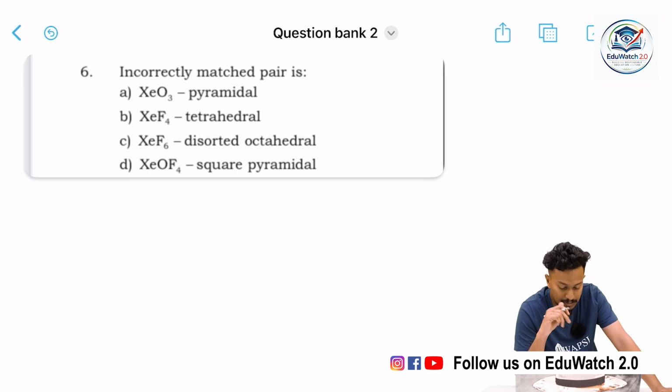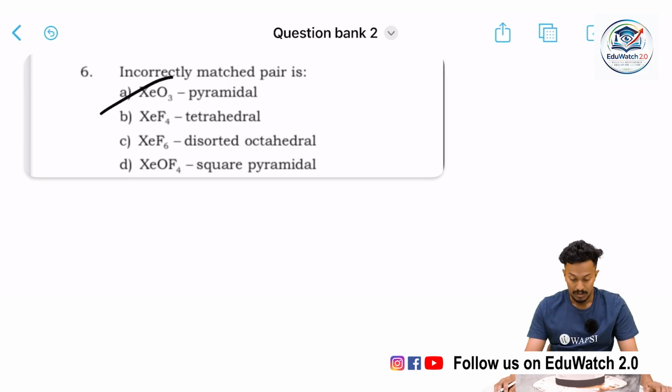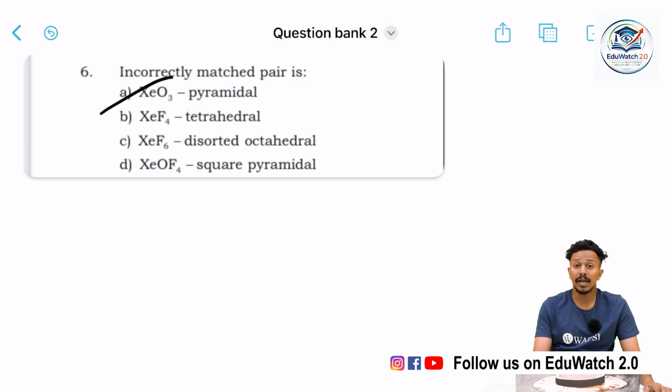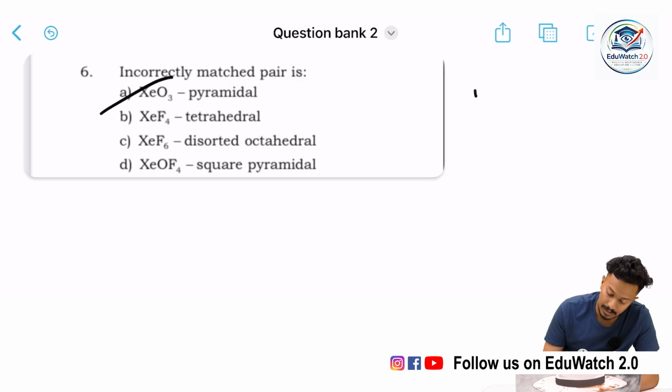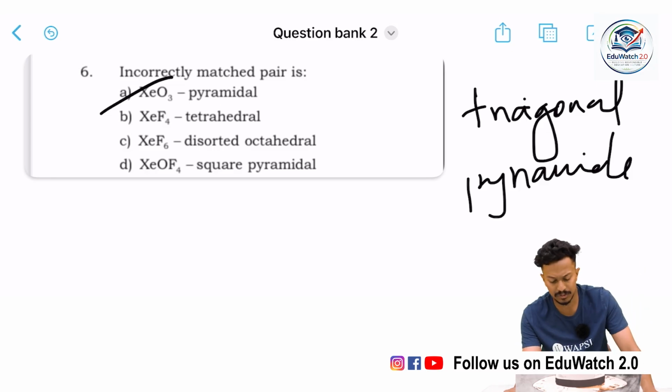So let me look at this here. XeO3 is sp3 hybridized, so it would be trigonal pyramidal. So XeO3 is a correct option.